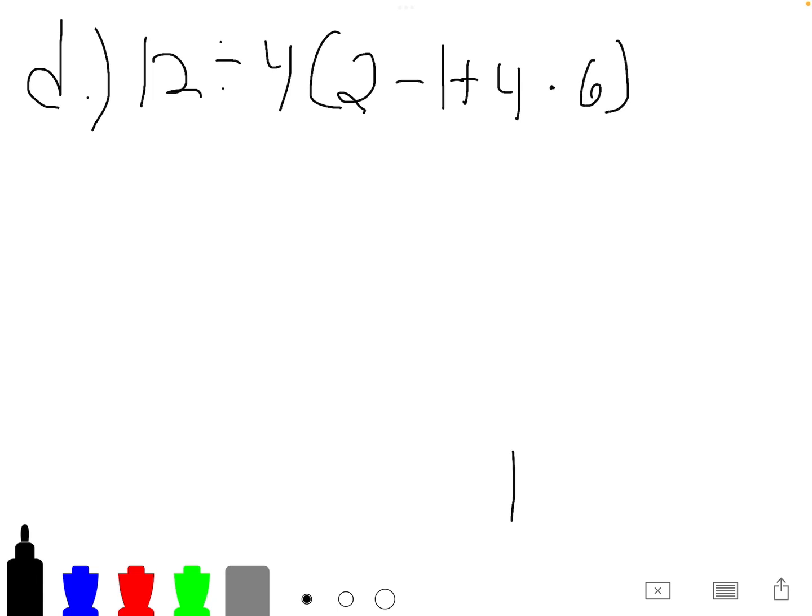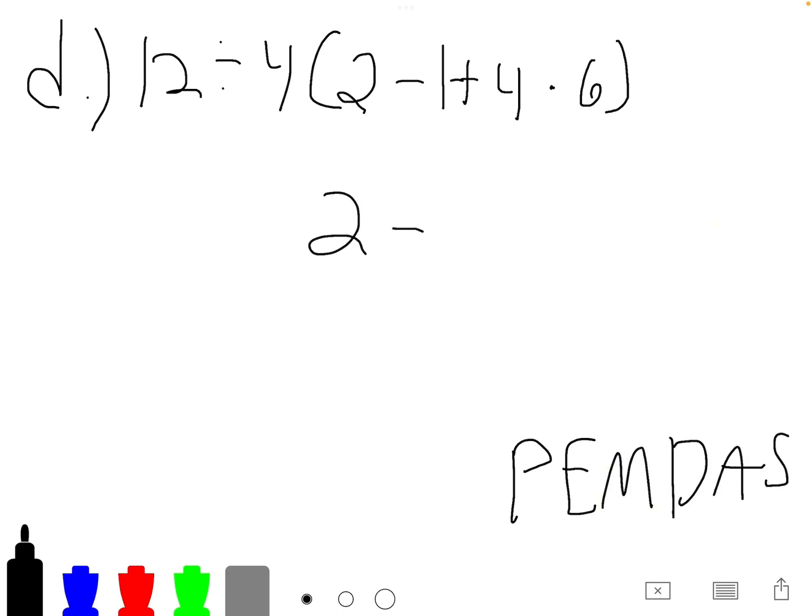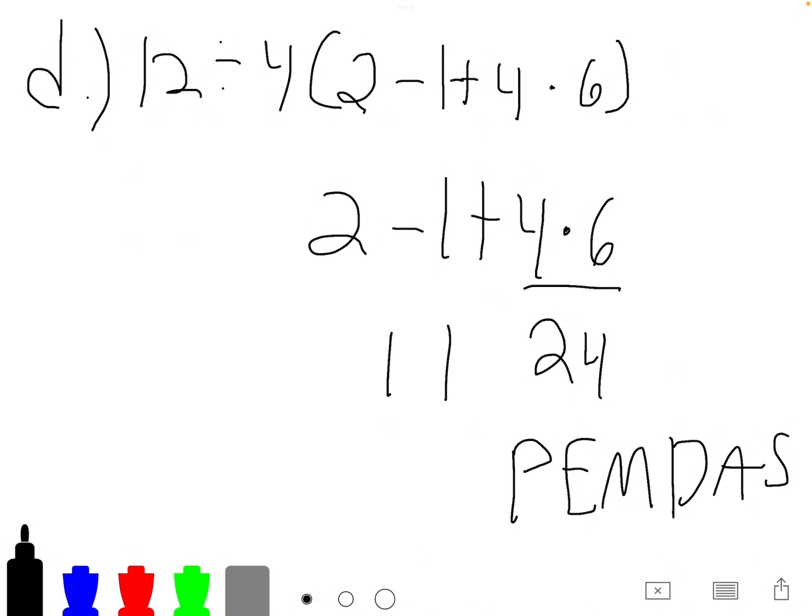So 2 minus 1 plus 4 times 6. You do your multiplication first. 4 times 6 is 24. And then 2 minus 1 is 1, so 1 plus 24 is 25.